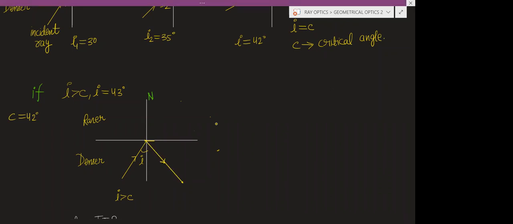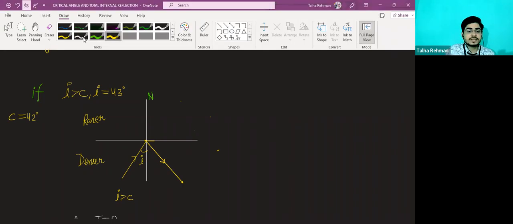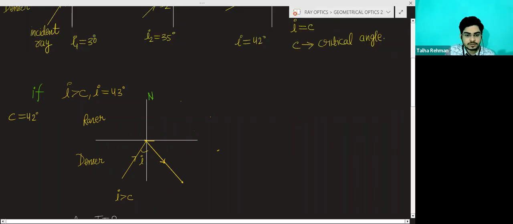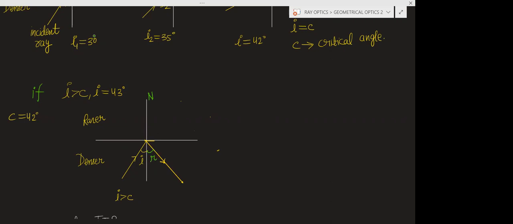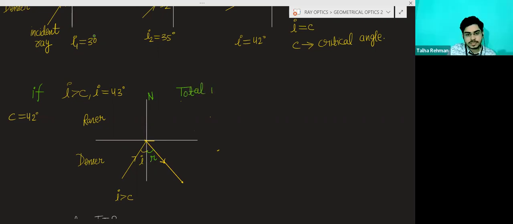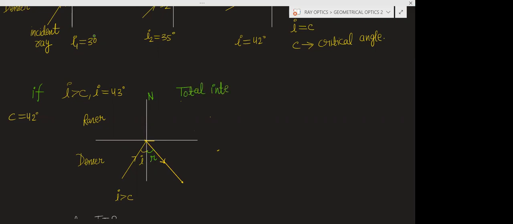This is totally reflected, and that is why it is known as total internal reflection.